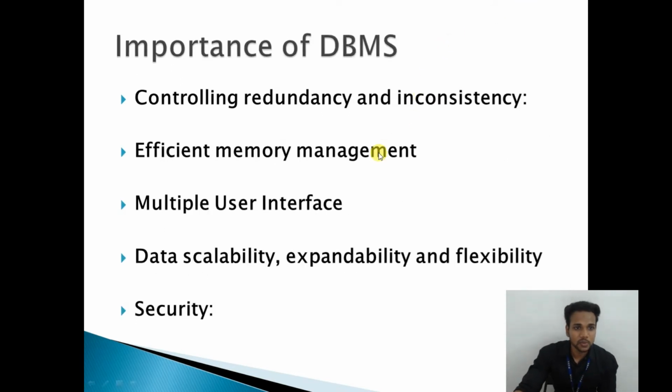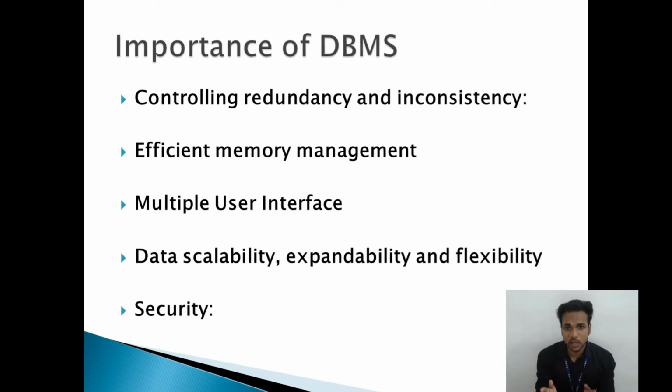And next, coming to the importance of DBMS, the importance of database management system. Here the first point is controlling redundancy and inconsistency. The word redundancy here means losing of data or data lost. Here the database management system software enables us to control the redundancy, meaning losing of data, and it controls inconsistency.